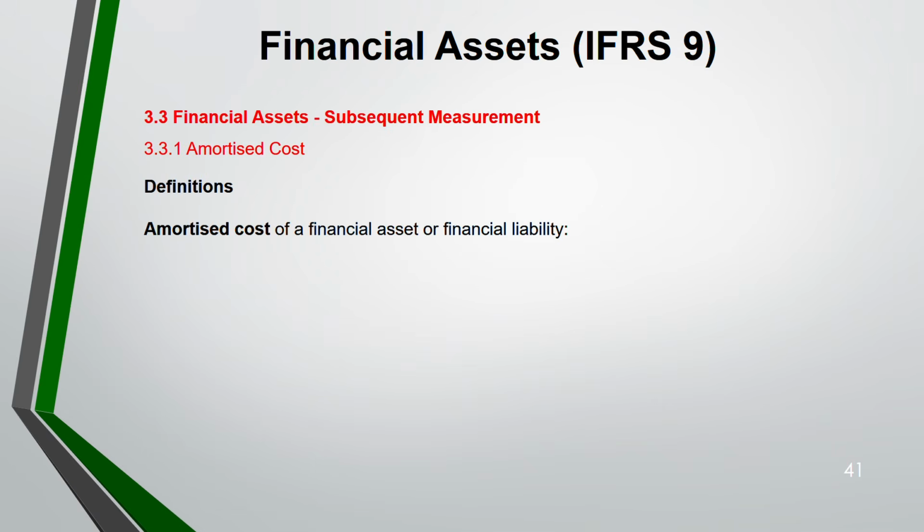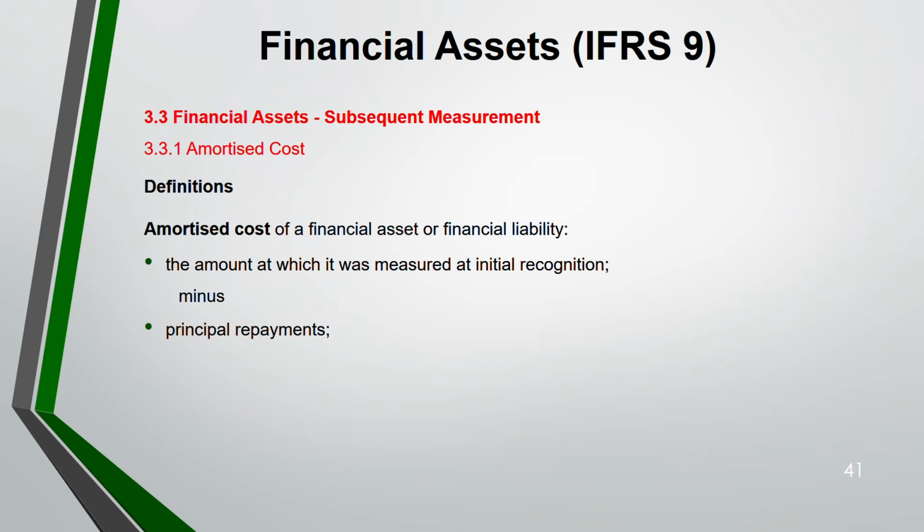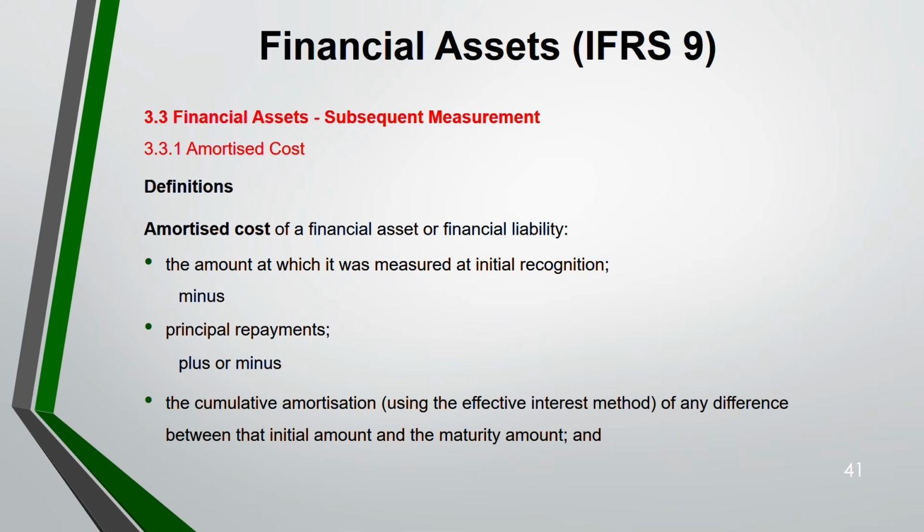The amortized cost of a financial asset or financial liability, even a financial liability could be measured at amortized cost, which we'll cover later once we finish with the financial asset, is the amount at which it is initially recognized, minus principal repayments, plus or minus the cumulative amortization, using the effective interest method, of any difference between the initial amount and the maturity amount.